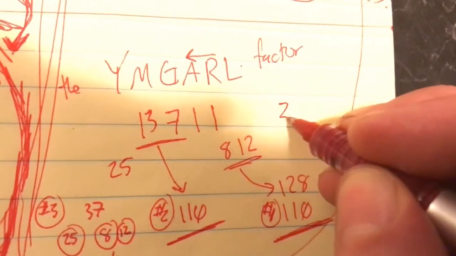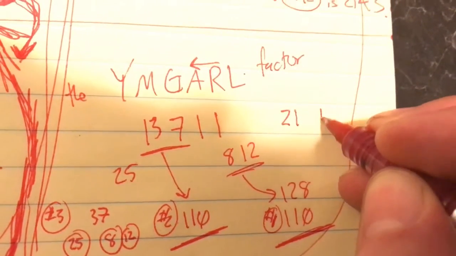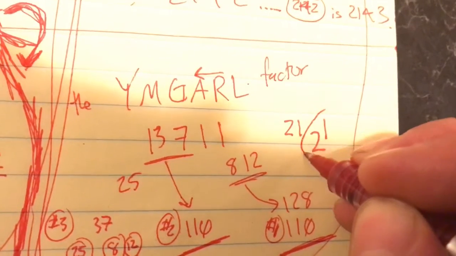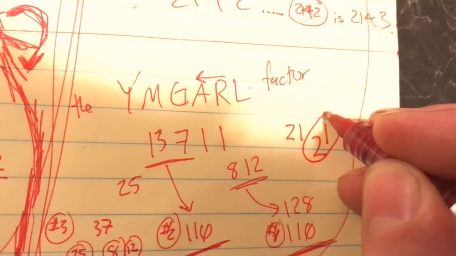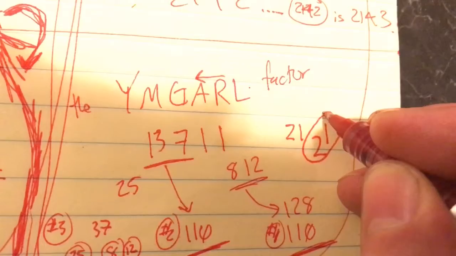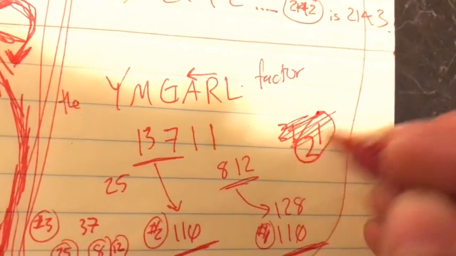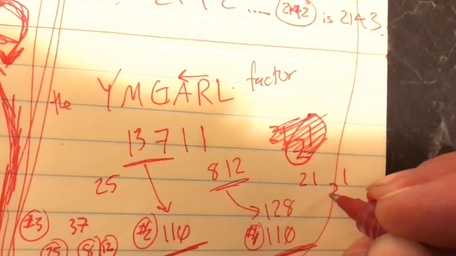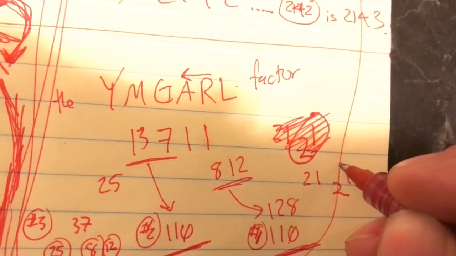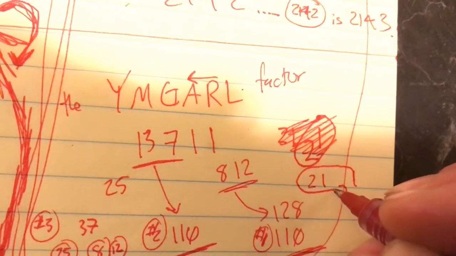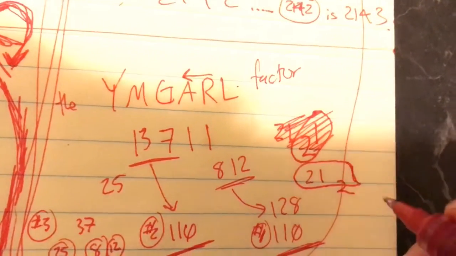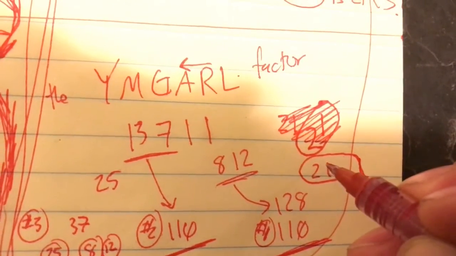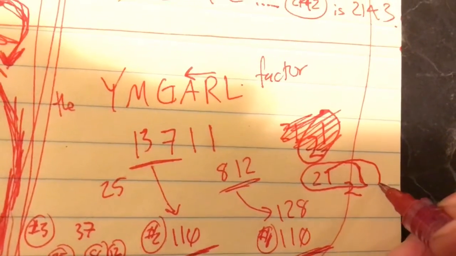So you'd have a 21 which wants to be circled by the 1 which is of another 21 bubble. I did that so wrong. You have 21, then you have a 1 and a 2. This one is circling this. Oops. And then this one would be circling the other 21.